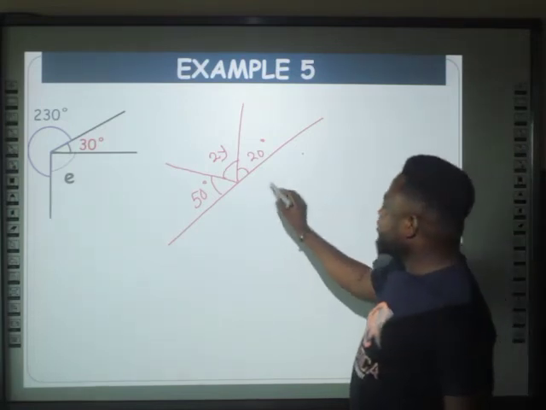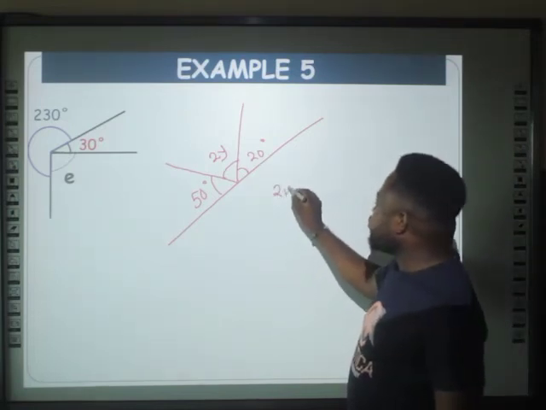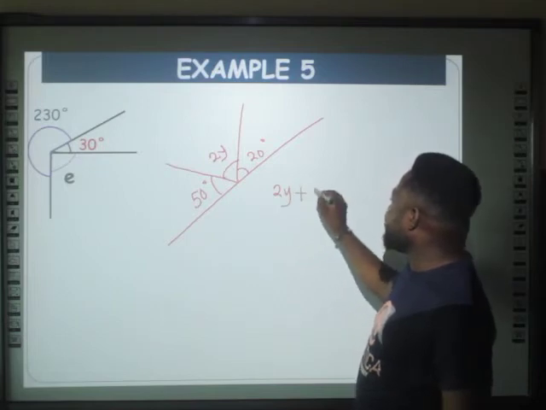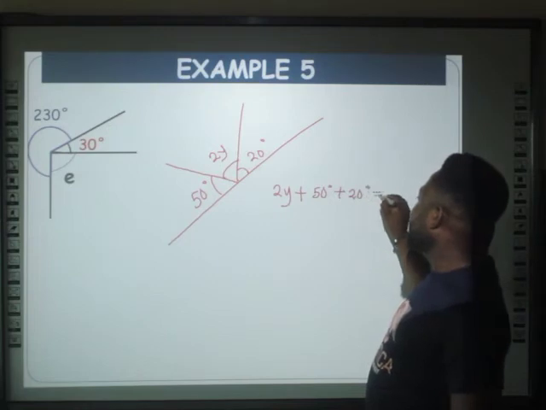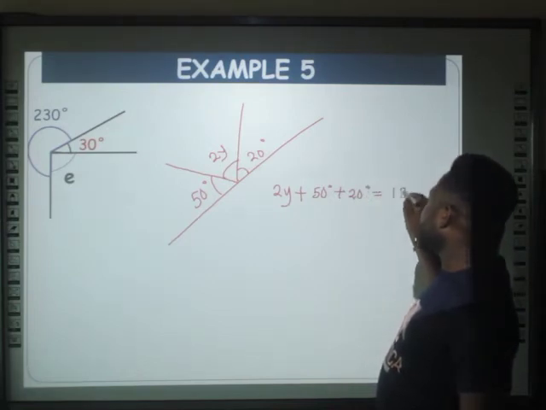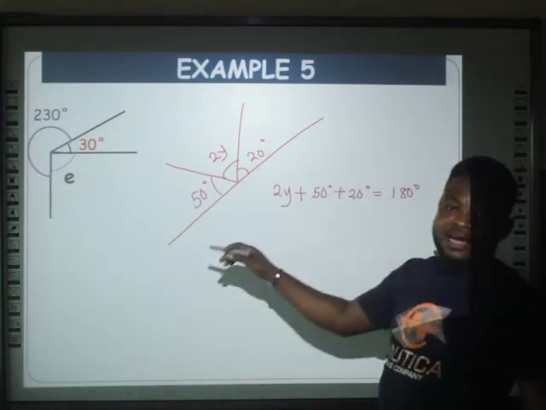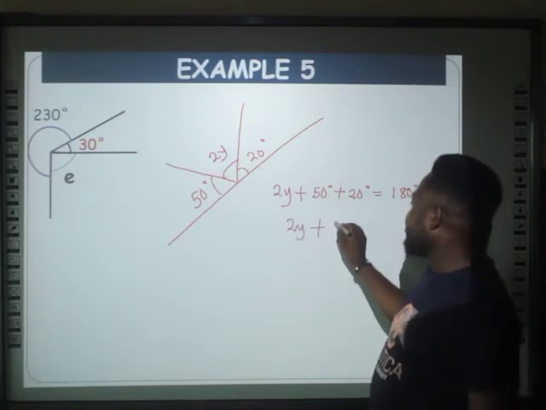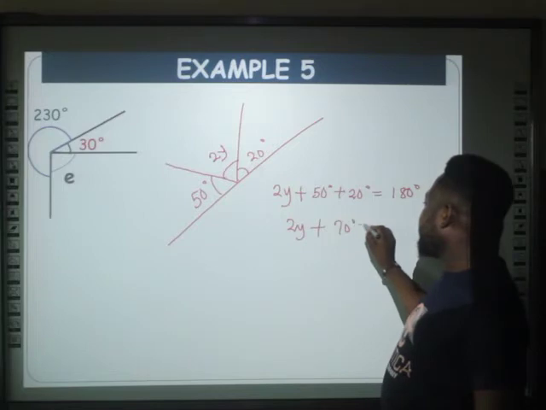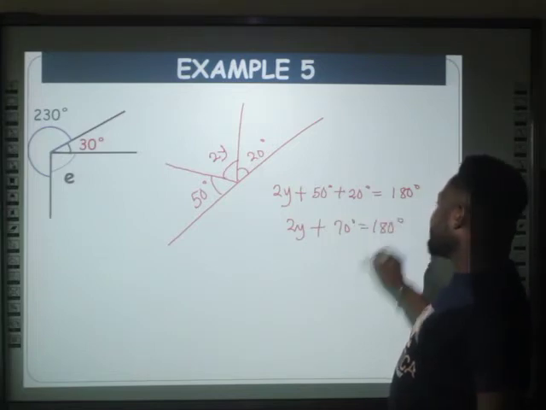So you can now see 2y plus 50 degrees plus 20 degrees must be equal to 180 degrees. Angle on the straight line. So that means 2y plus 70 degrees equals 180 degrees.